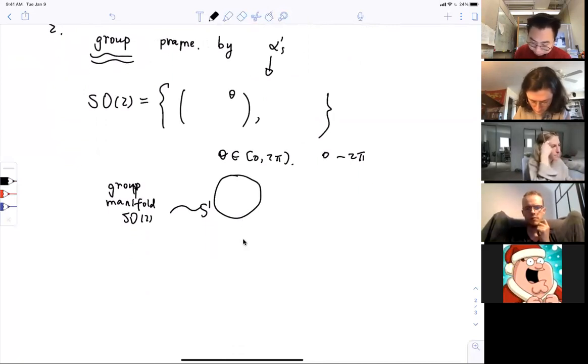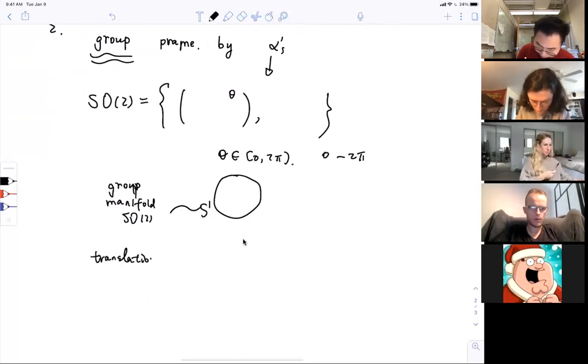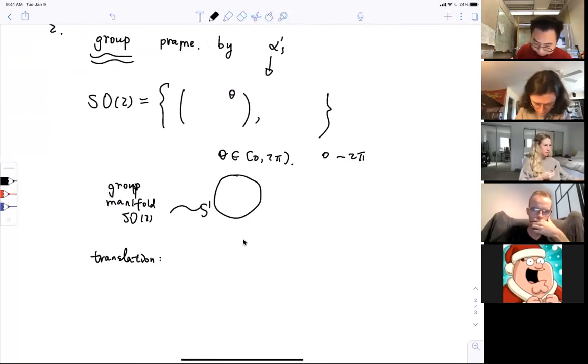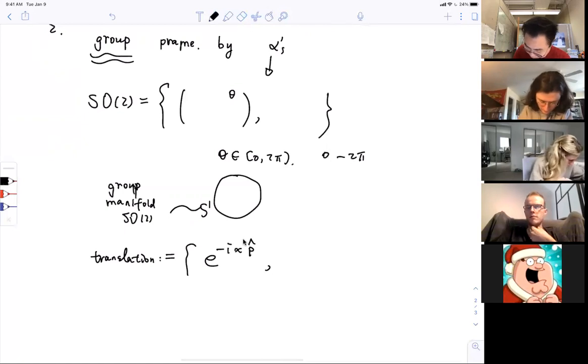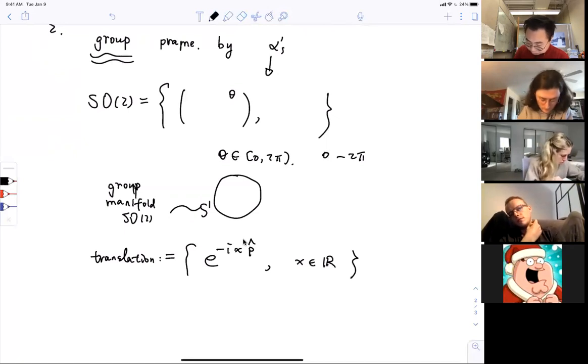So this is one example we are familiar with. Another example we're familiar with is the translational group. The translation elements can be represented by X, where X is the whole real axis, meaning X measures how much you translate along the axis.